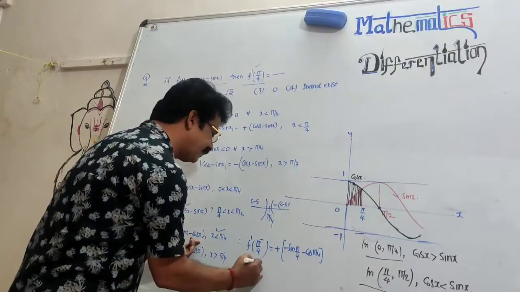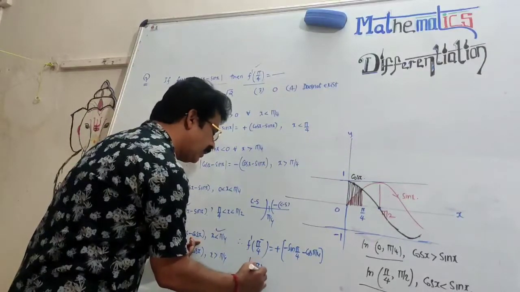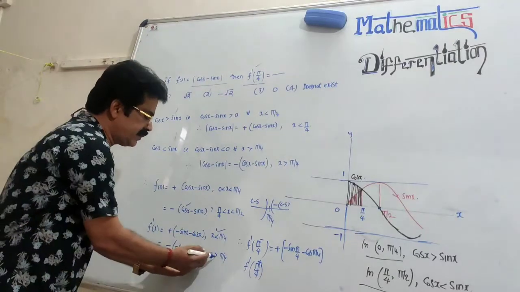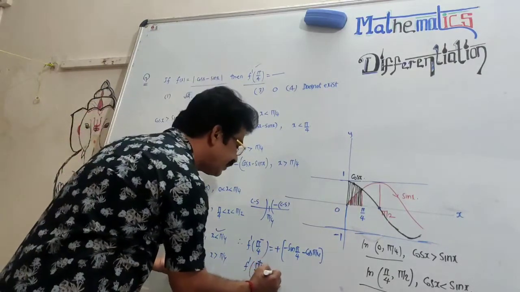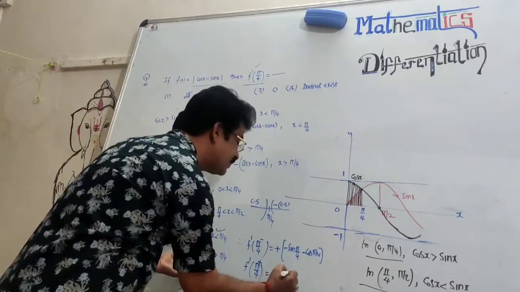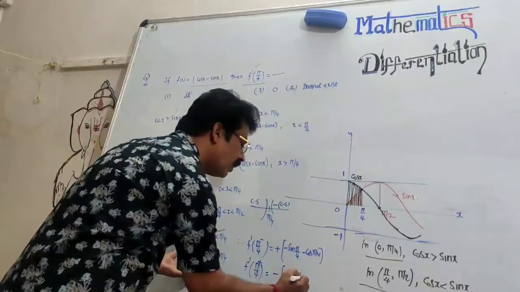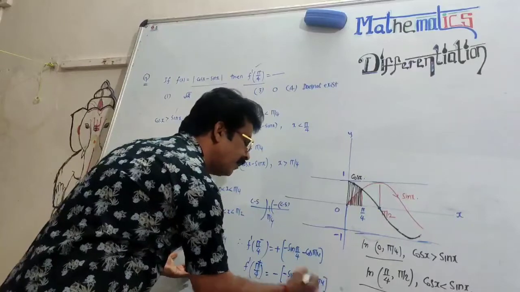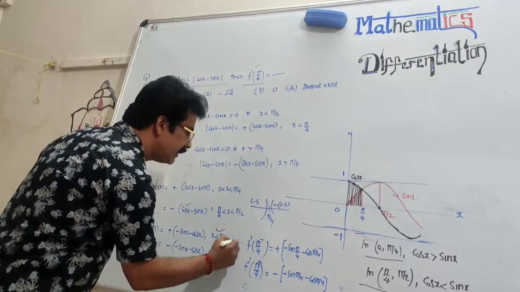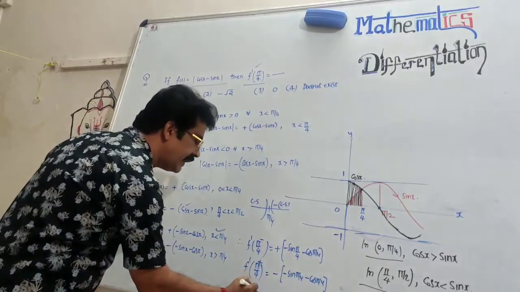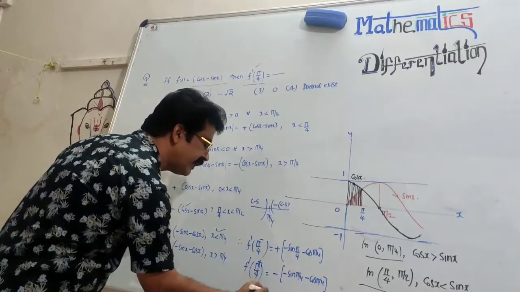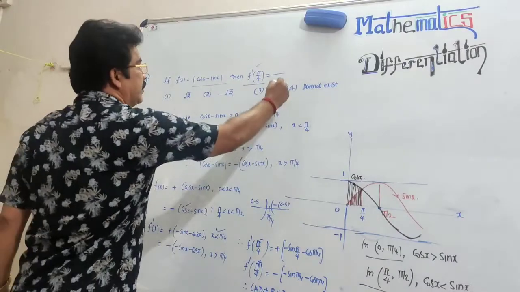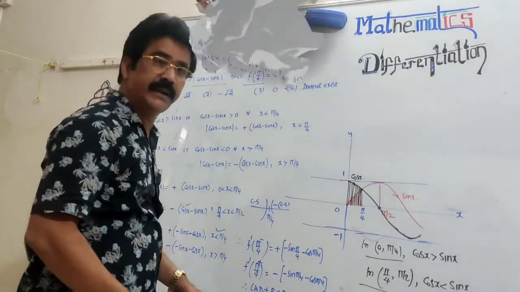Next, f dash of pi by 4 plus means this area, plus means greater than, minus sin pi by 4 minus cos pi by 4. So clearly the left hand derivative LHD is not equal to RHD, therefore the derivative does not exist. Both options are right, hence the problem.